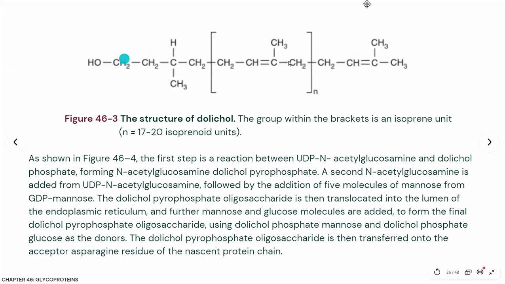Okay, so it's a very big structure, maybe about 90 to 95 carbon atoms. Now this is common. This is what we call an isoprene unit. And the dolichol here, this isoprene unit, which is 5 carbons. Now n is 17 to 20 isoprenoid units. So this is the isoprene unit.